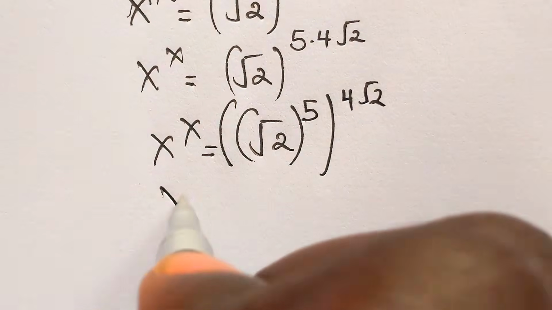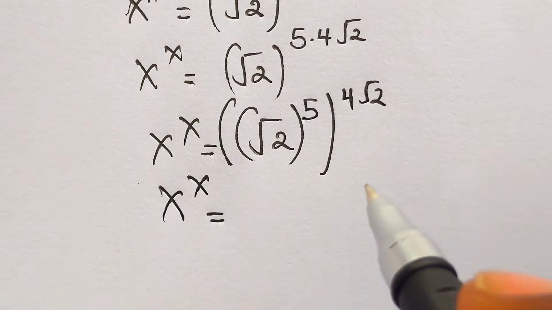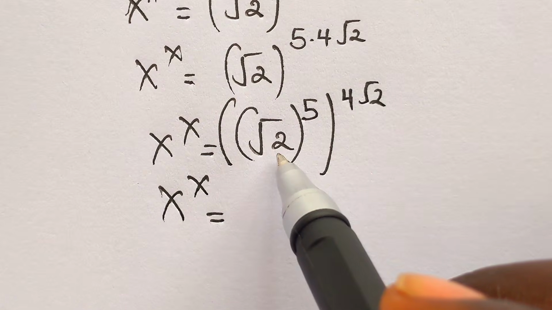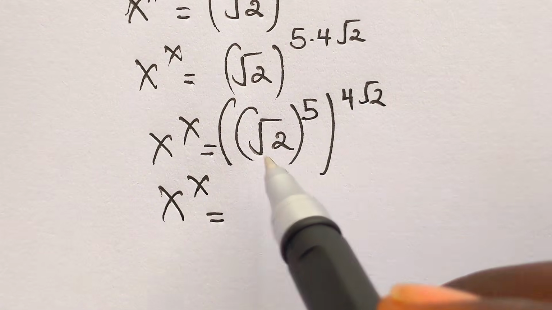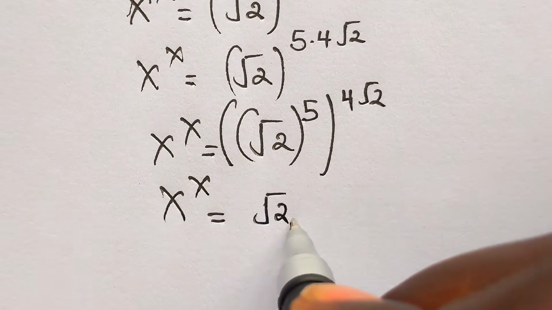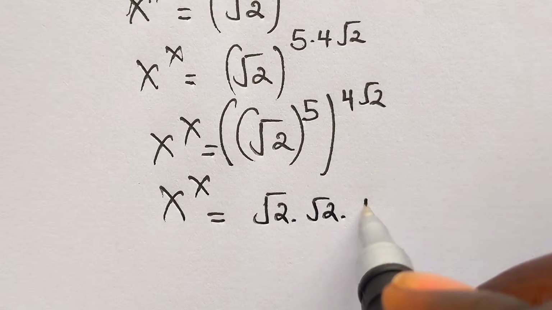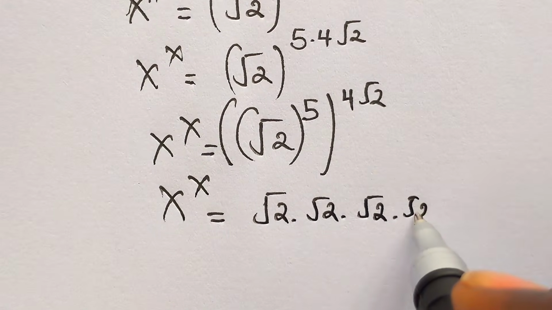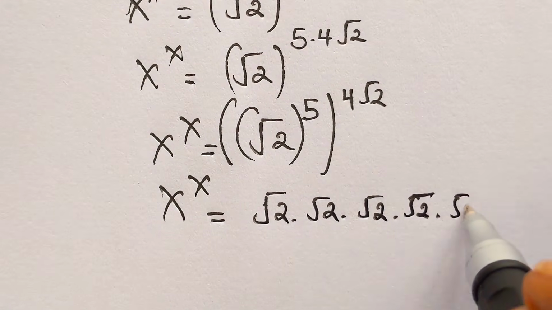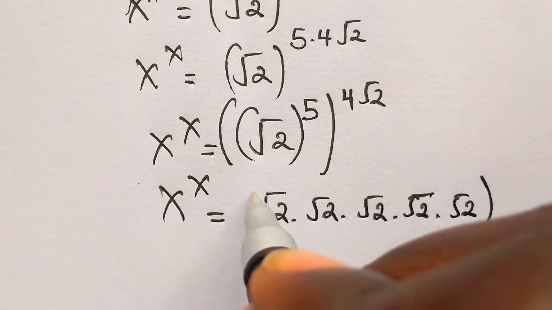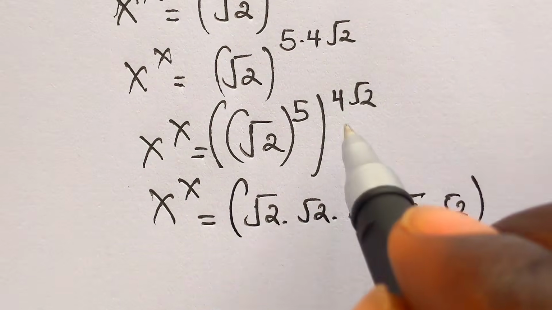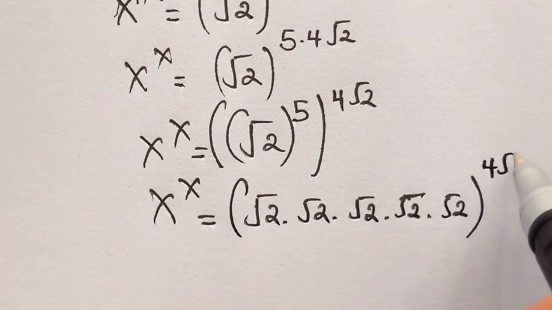And here x^x will be (√2)^5, which is √2 × √2 × √2 × √2 × √2, five times, then raised to the power 4√2.